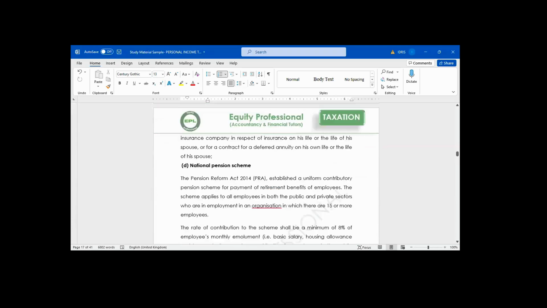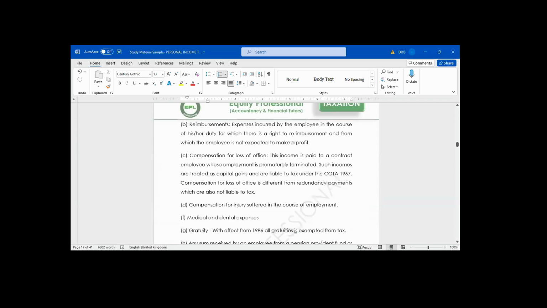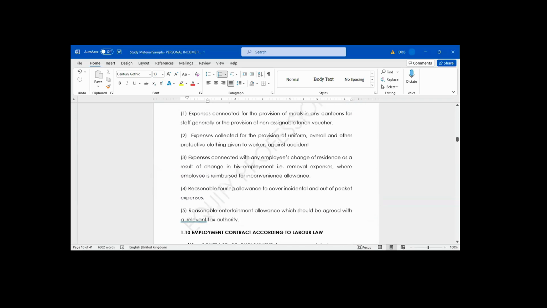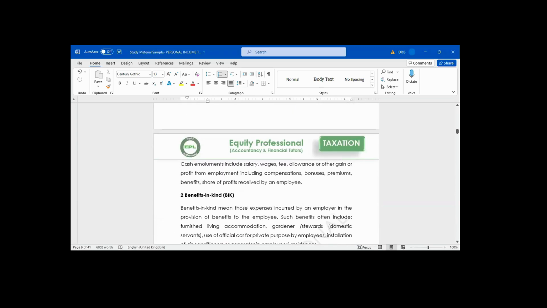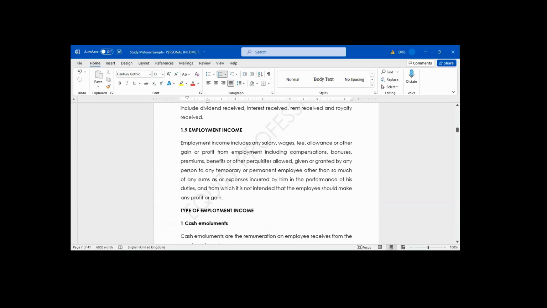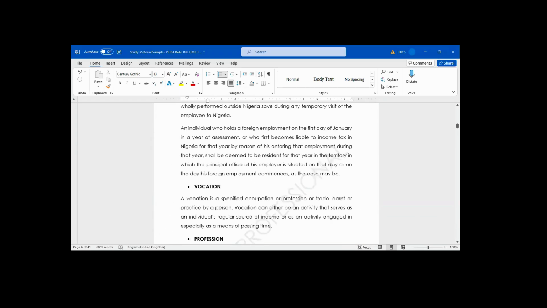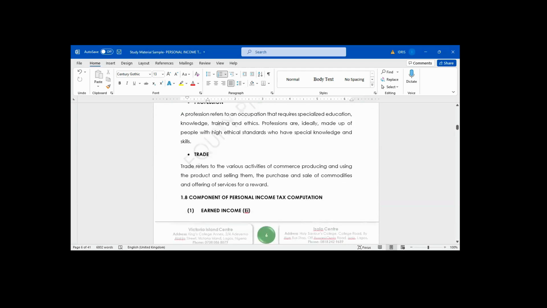Now, let's still go back before we go to question. Let's still go back to some written. Under employment contracts, under the employment, now we said earned income, we have employment income under earned income. Under the employment income, we give examples of employment income.